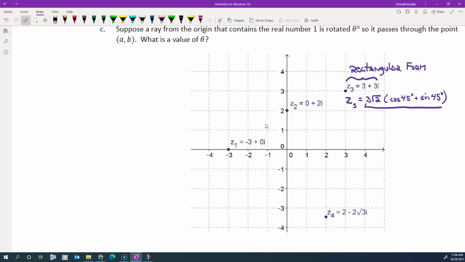This is called polar form. So two different ways of describing the same thing. It's like saying hello and hola. They mean the same thing, look different, sound different, but are the same thing.